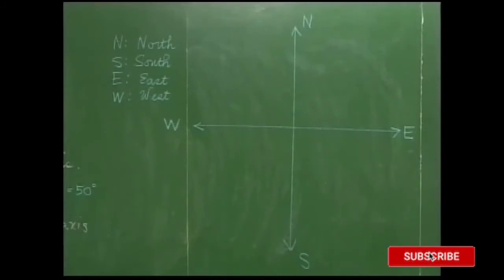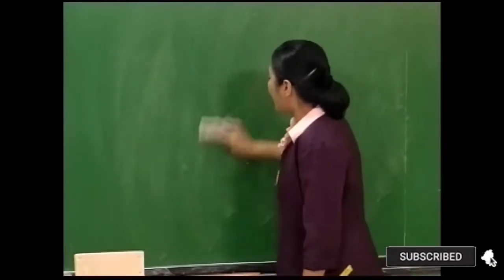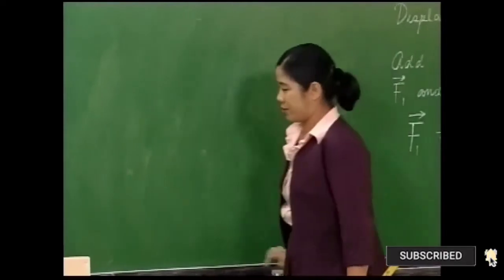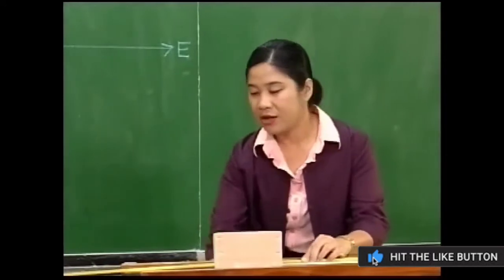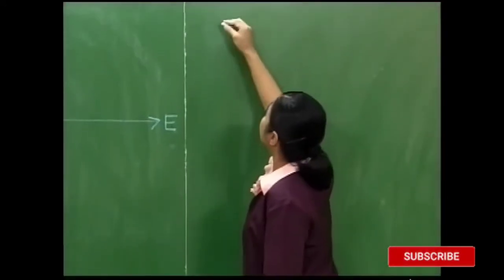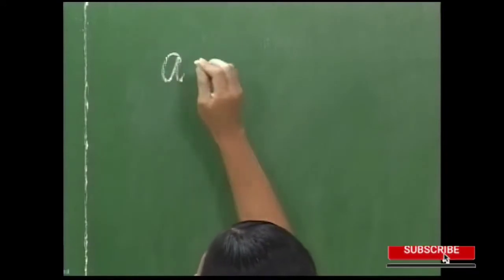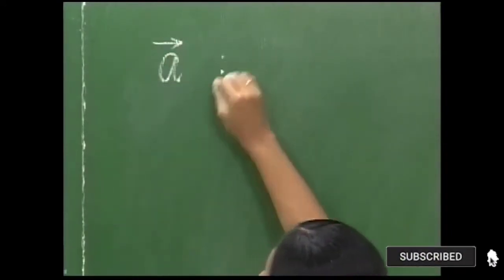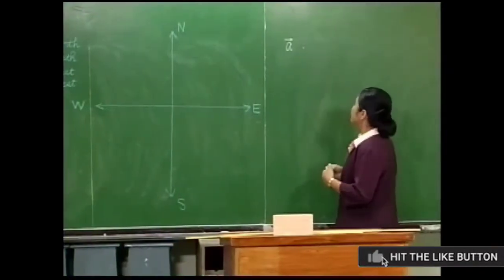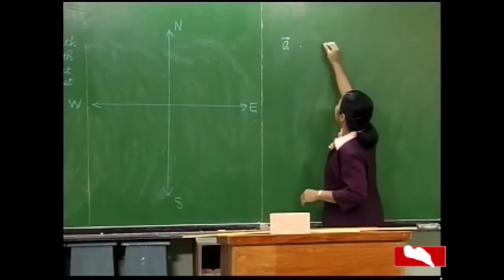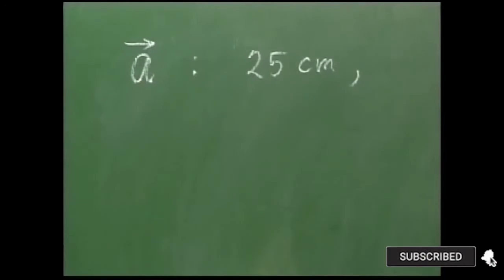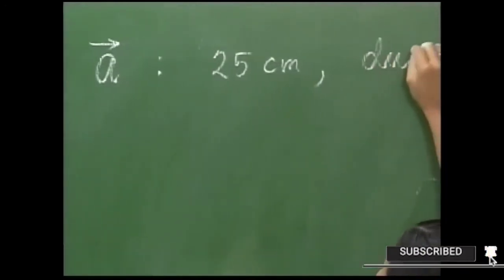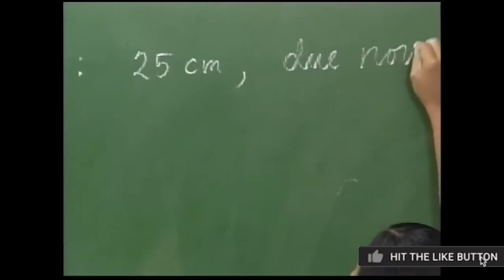Let's say you want to go north. So I can have my vector A, my displacement, for example, or a vector of length 25 centimeters and direction, I will say due north.